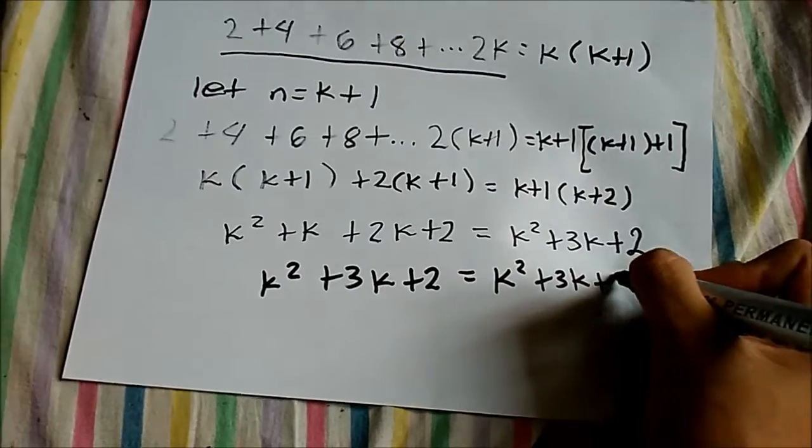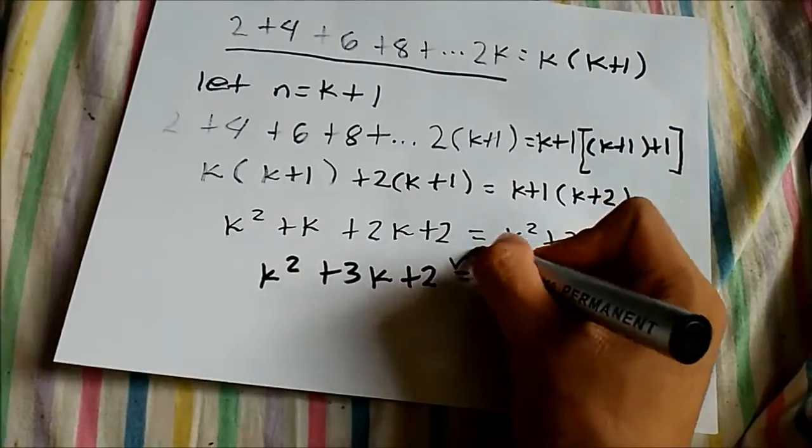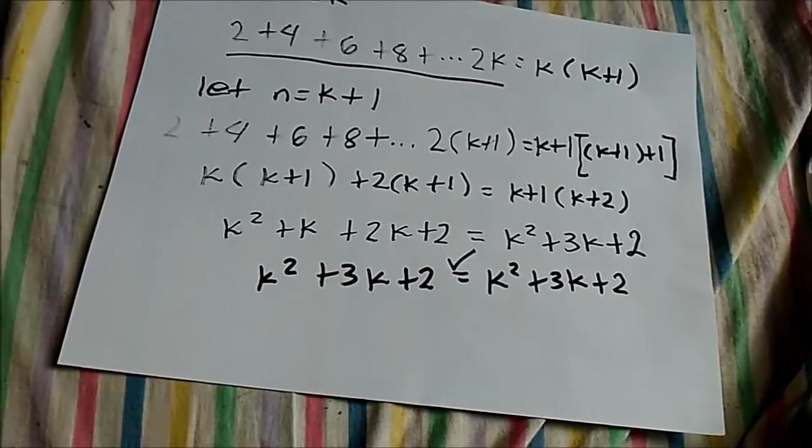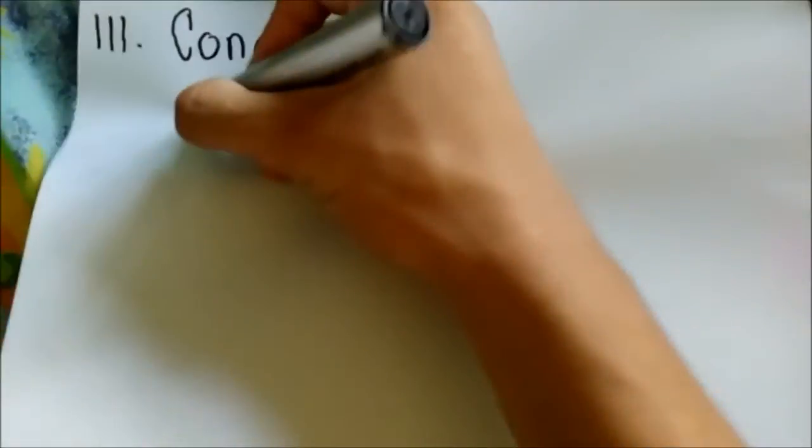So they are the same. Therefore, you prove it. So the last part, the conclusion. Therefore, P of n holds true for all positive integers.